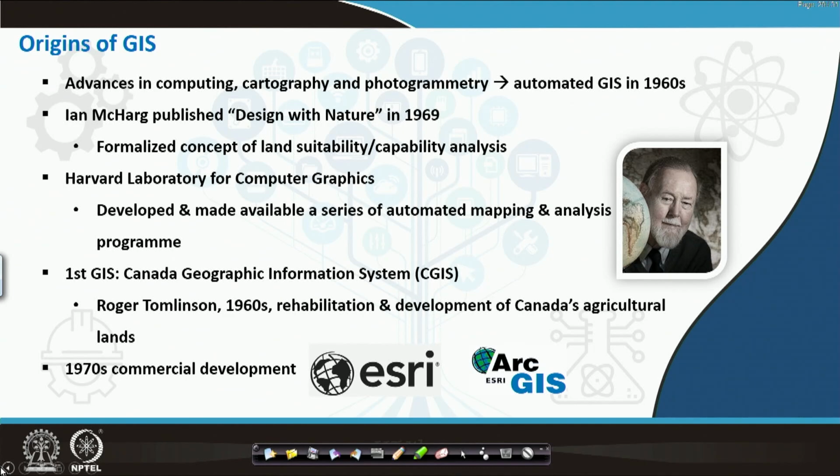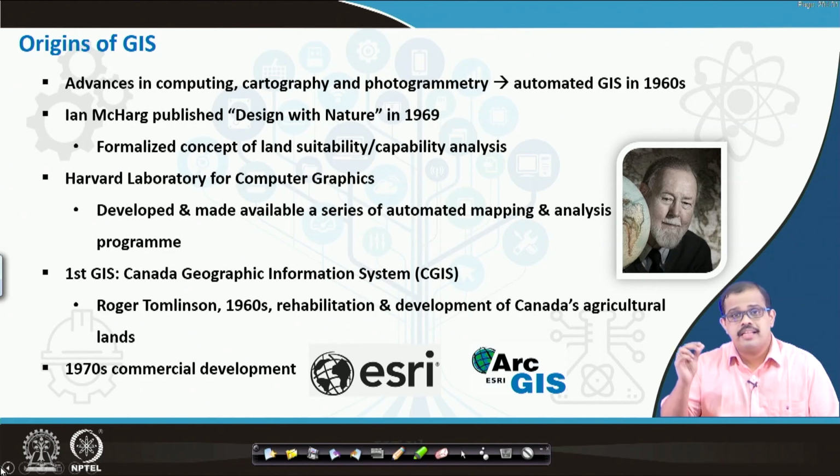But it was Ian McHarg who published Design with Nature in 1969, where he proposed a concept of land suitability and capability analysis. The suitability of land, because of the geographic features, started the evolution of the geographic information system. That was the first point when GIS started evolving.